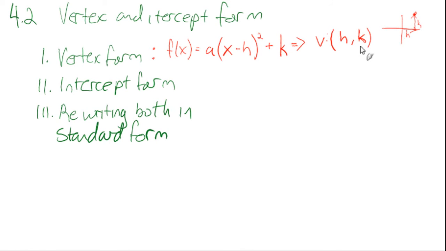They're saying that there's this line of symmetry at x equals h, but that's kind of obvious because the vertex is here. We know the line of symmetry goes right through the vertex, so it must be this vertical line. Remember, x equals is a vertical line. This vertical line through whatever h is, whether h is 2 or 3 or even a negative number or whatever. So it's another thing that we can say about vertex form.